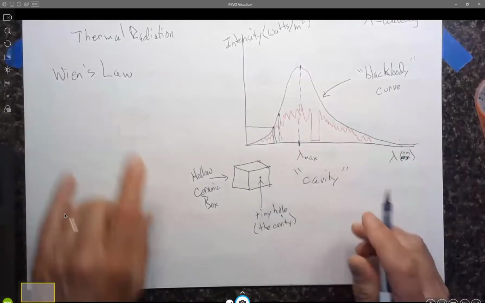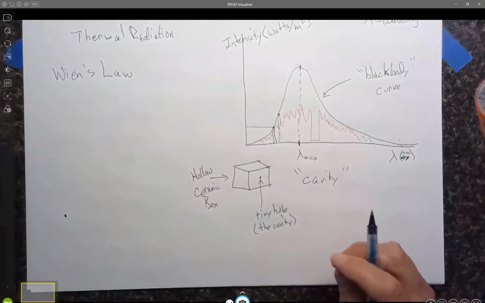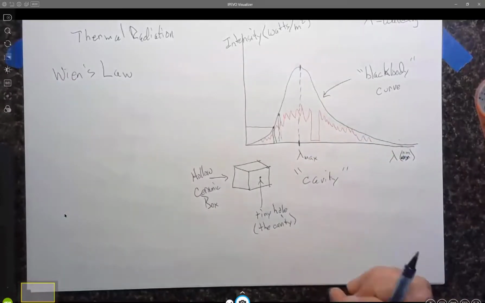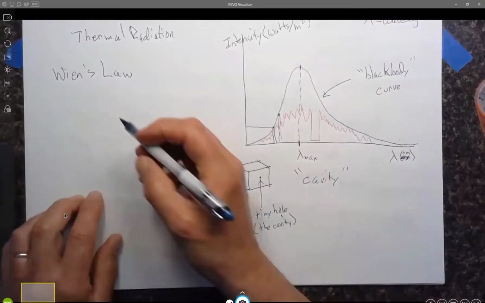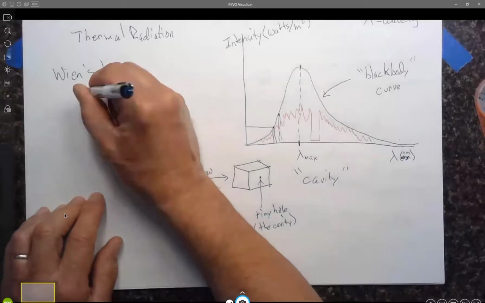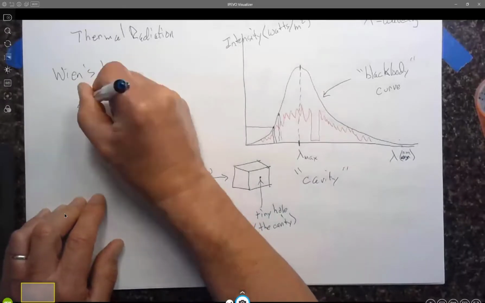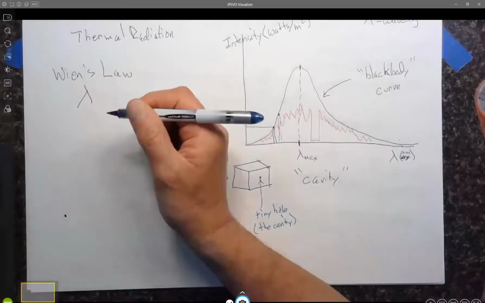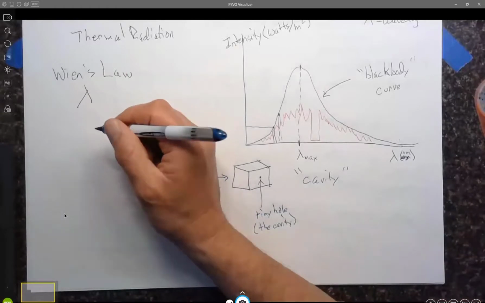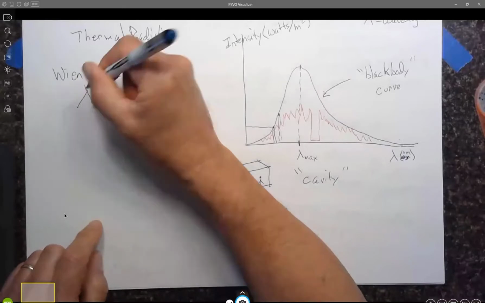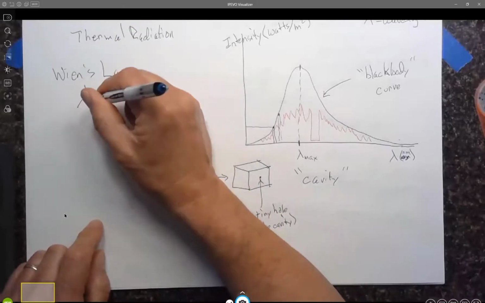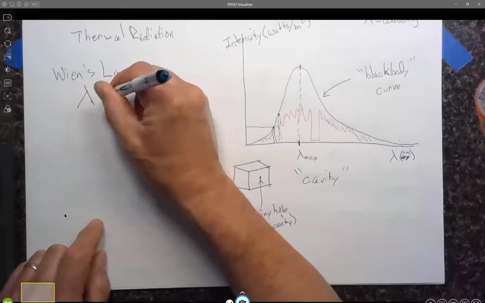He found that lambda max depends on the temperature so well that you can use it to figure out the temperature. Here's what Wien's Law looks like. I keep forgetting to pronounce it correctly.